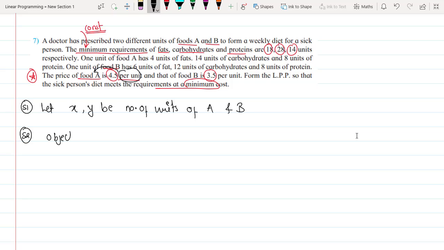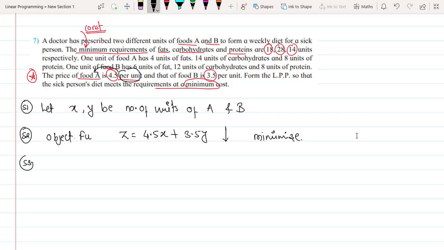Objective function is z equals 4.5x, which is for food A, and 3.5y, which is for food B. This is the total cost for 1 unit of food A and food B. But I want x units and y units of food A and food B, so I want to minimize this cost. So minimizing this z is my objective in this L.P.P.